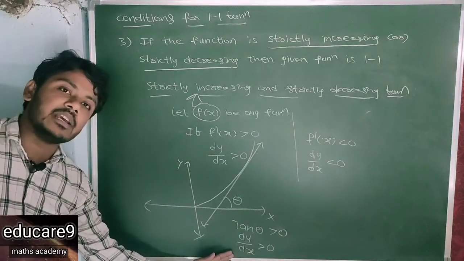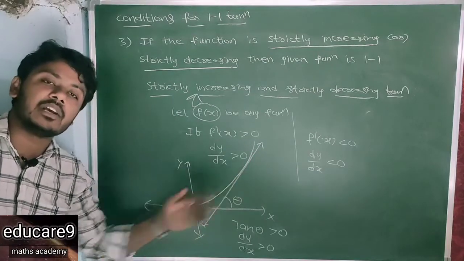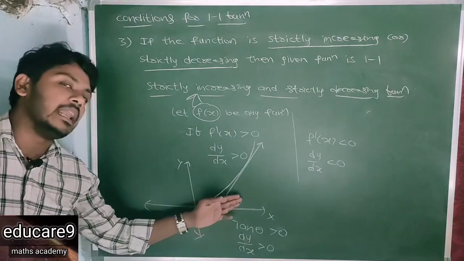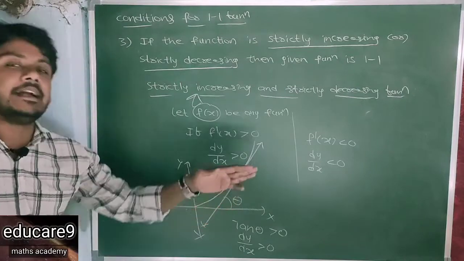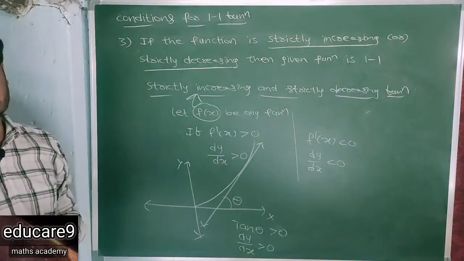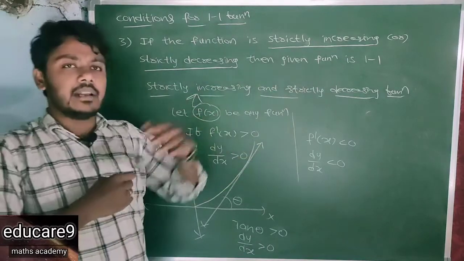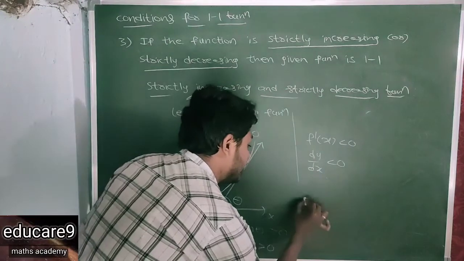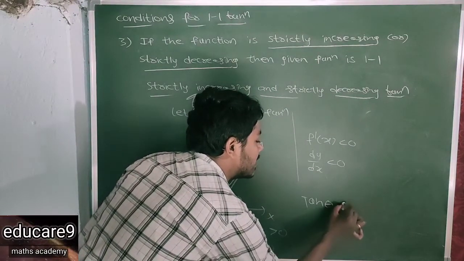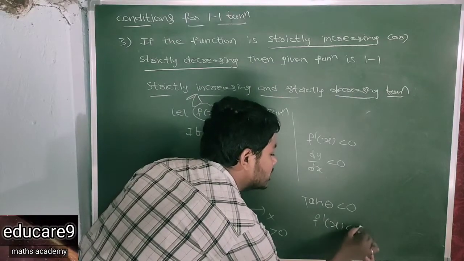From this, we can say that if any tangent line of the given curve makes an angle theta and it is acute, then the first derivative is positive. So that is called strictly increasing. Strictly decreasing means tan theta is less than 0, that is f dash x is less than 0.